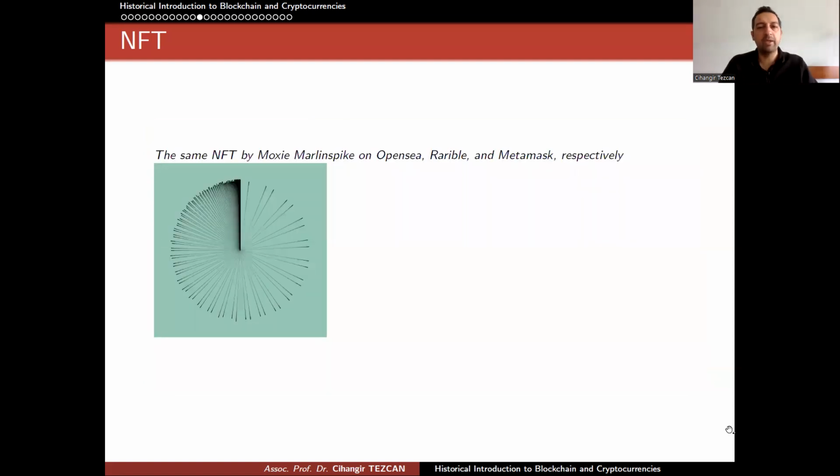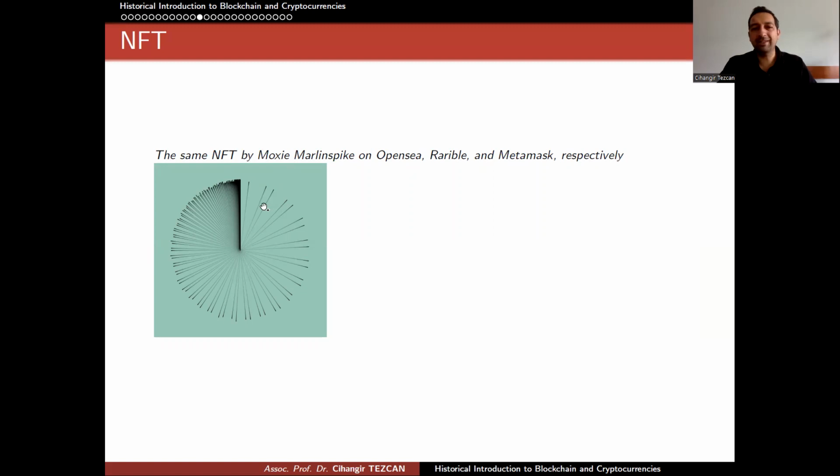So here's an example that I really like. This is by Moxie Marlinspike. Probably you should have heard his name by now. The same NFT created by Moxie appears on OpenSea like this. So you can go to OpenSea and see this NFT by Moxie.